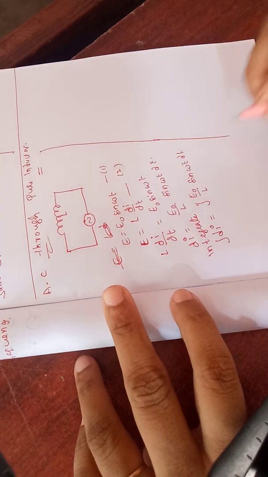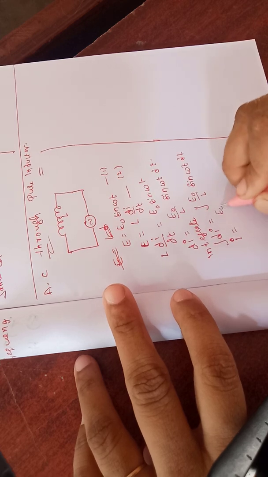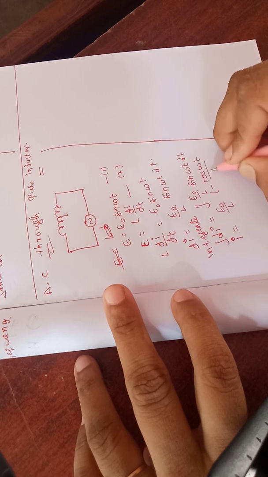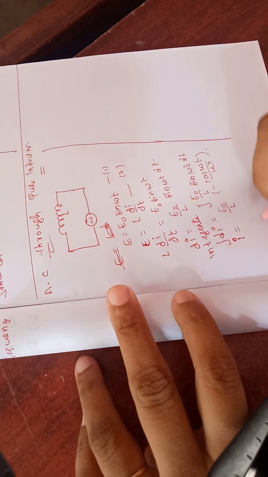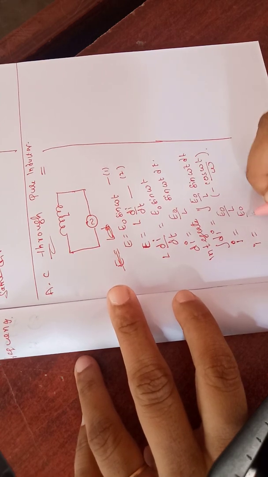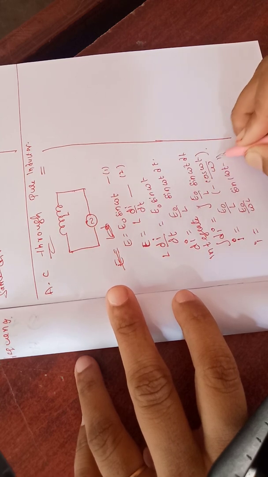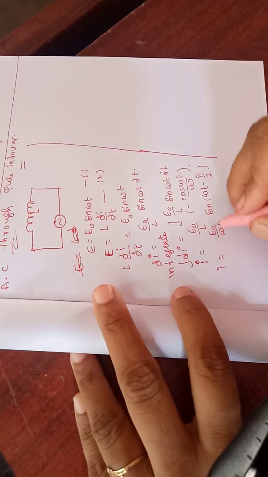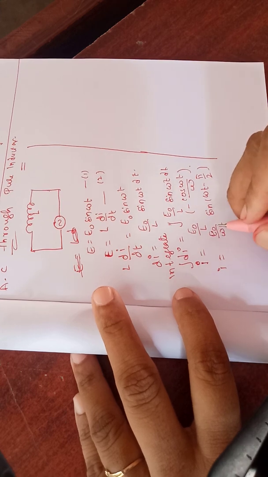When we integrate, integral di equal to integral E naught by L sin omega t dt. Right? Now integration of di, I, is equal to E naught by L into minus cos omega t by omega, and this minus cos omega t can be written as sin omega t minus pi by 2. Okay? So E naught is the maximum voltage.